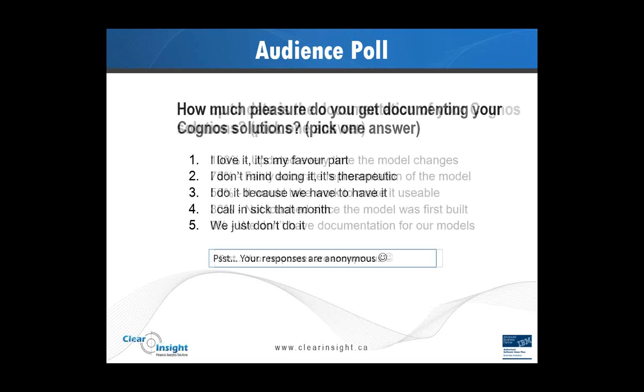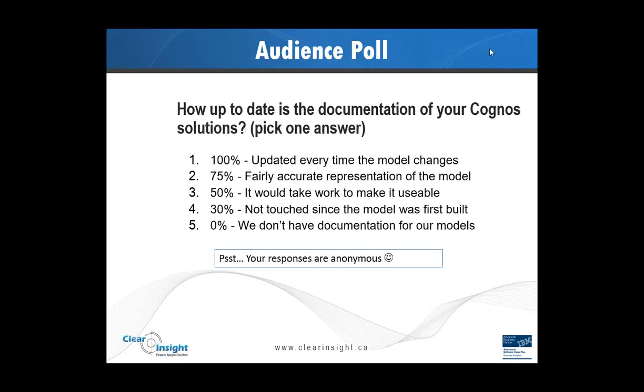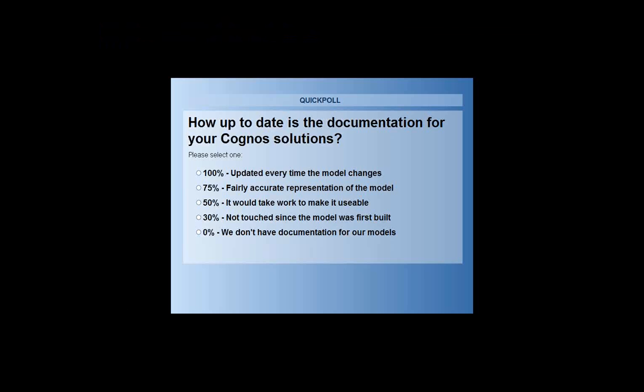So what can we do to help and aid our documentation? For those of you that didn't call in sick that month, we'll open up this other poll. I'm just curious where you would stand on your documentation for your solution and your TM1 models. So if that poll's open now, just make a selection there on what most accurately describes the documentation you have in your environment.